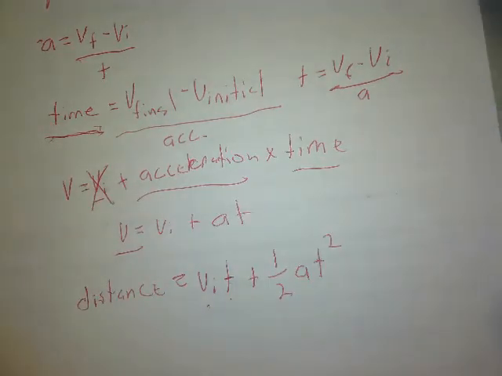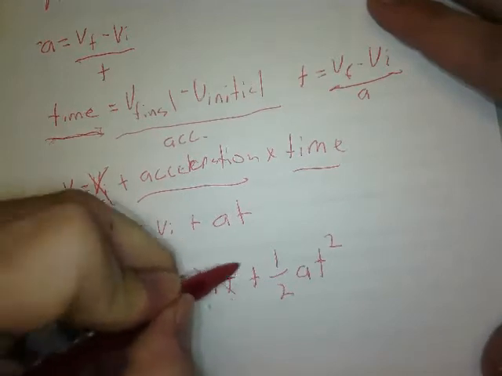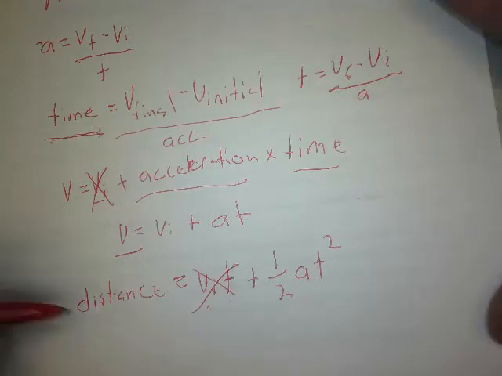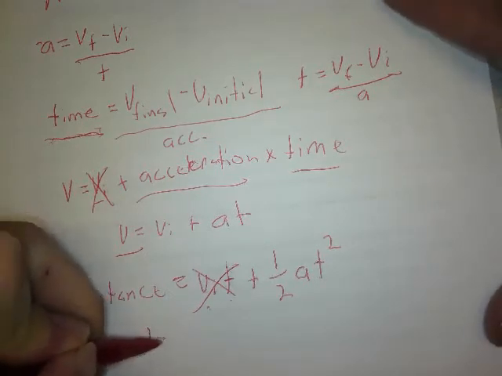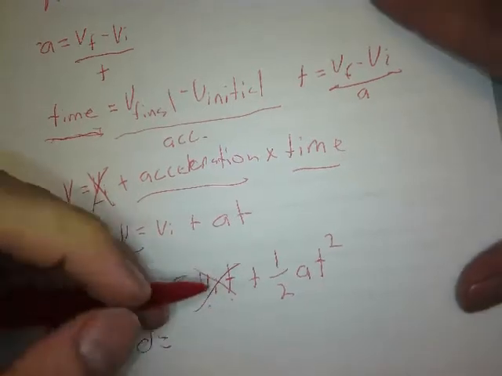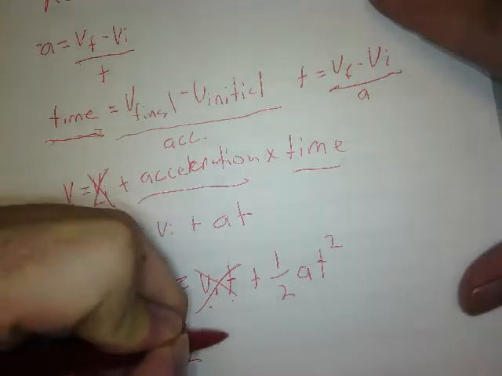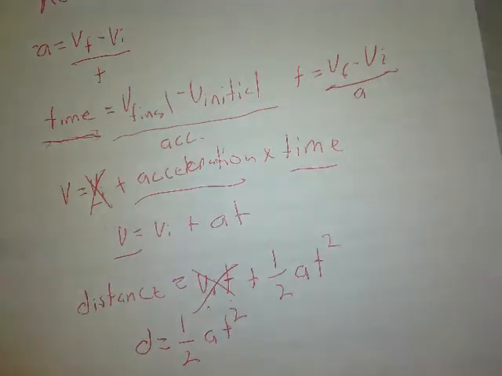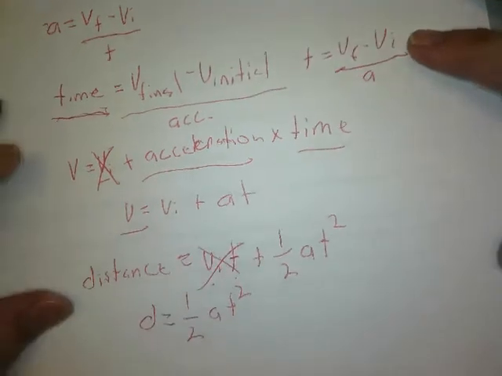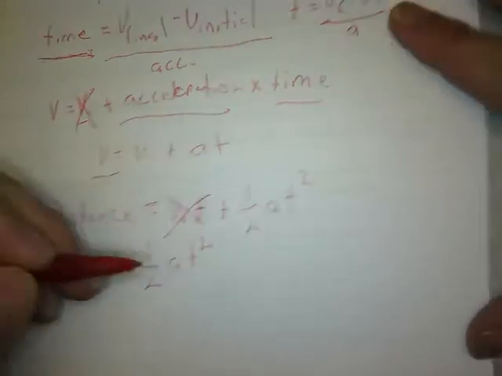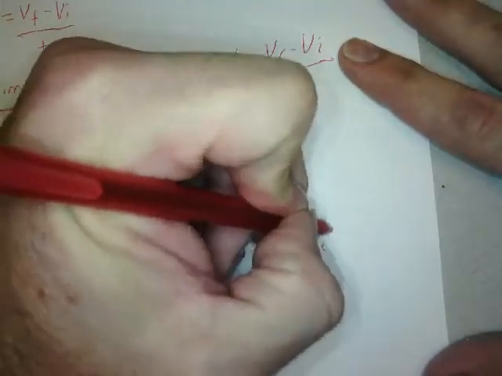So now we need distance, and that's going to equal velocity initial times time plus 1/2 times acceleration times time squared. So initial velocity times time plus 1/2 acceleration times time squared.